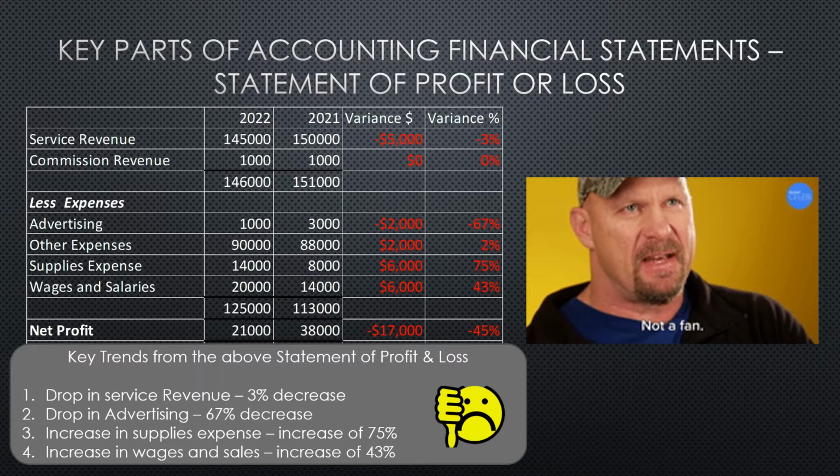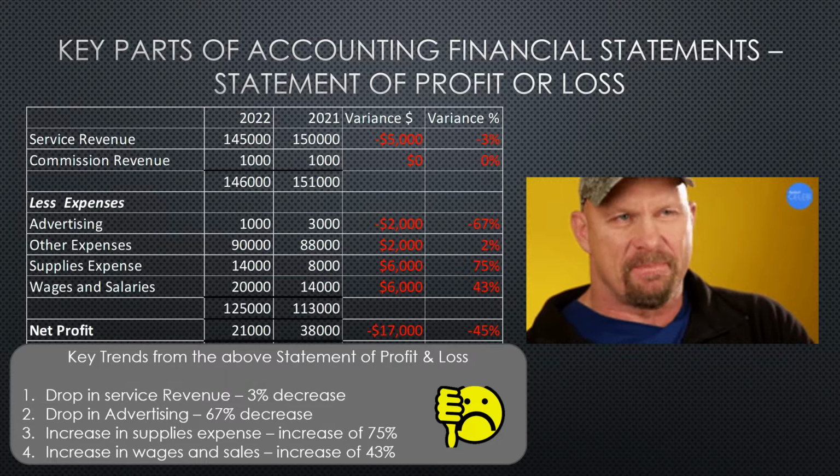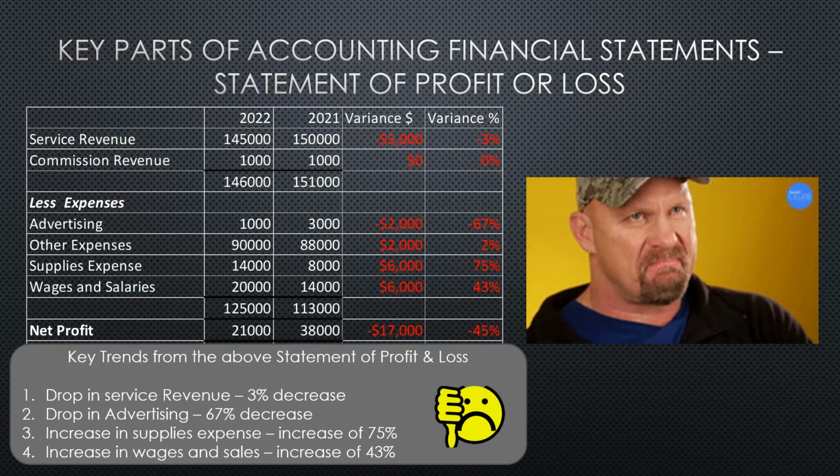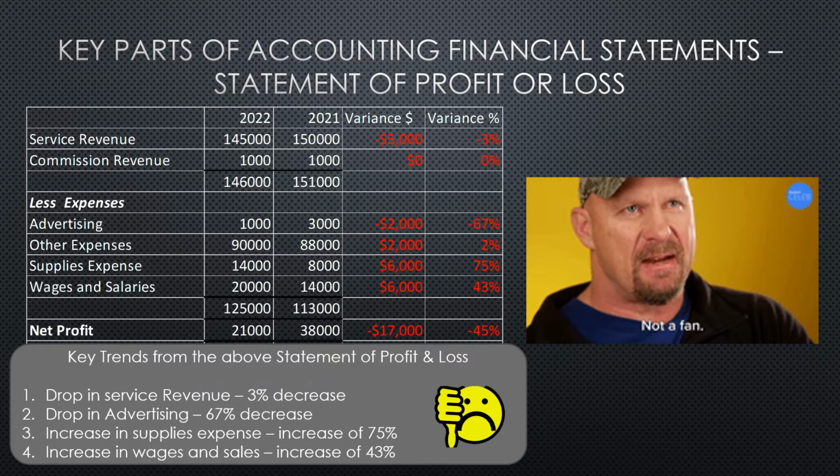The dollar trend is the difference between what happened last year and what is the case for this year. You can see here revenue has gone down $5,000 or a 3% change from last year, a negative 3%. So that is one trend that you will be looking at in the exam.